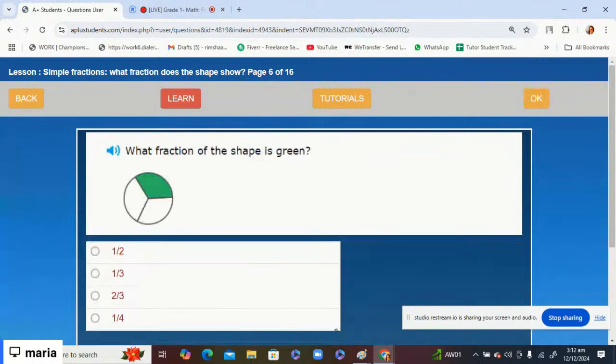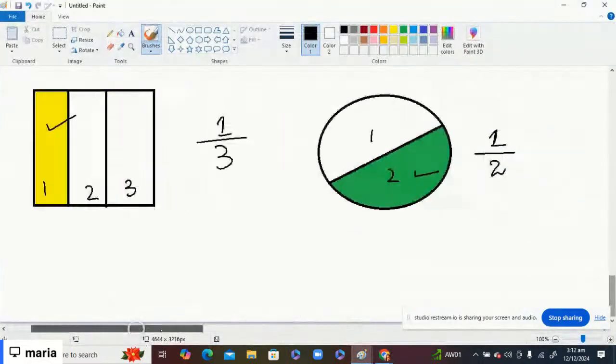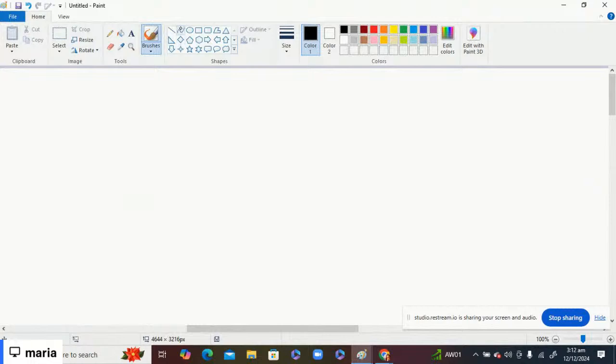Now look at this question. What fraction of the shape is green? Let's draw this and then we solve it. This is the shape of the circle. And then it's divided like this way.